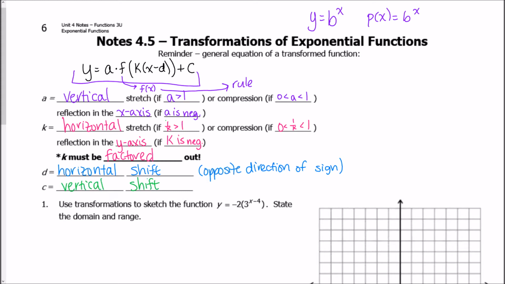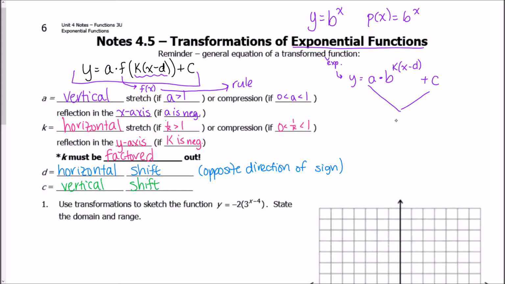So for exponential functions specifically, our general equation for a transformed exponential function would end up being y equals a times, now the rule is f, and here the rule is saying take the base and raise it to some exponent of x, but x is all of this stuff inside of here because these are the horizontal pieces, so b to the power of k times x minus d, and then this plus c on the outside right here.